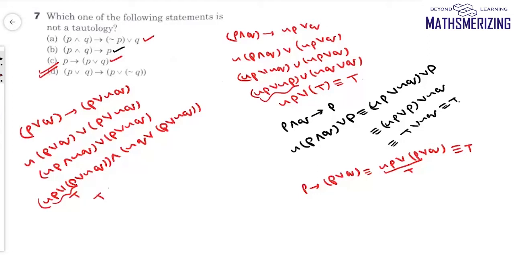So this is true and this is now not Q or not Q, which is not Q. So this is not Q or P, and we know that true and A is simply A. So this statement is equivalent to not Q or P, which is not a tautology.